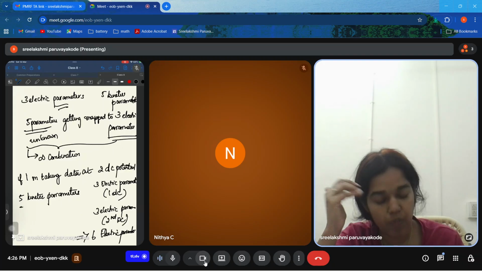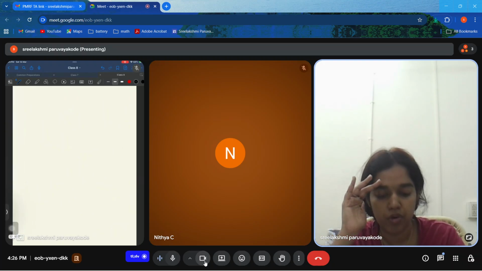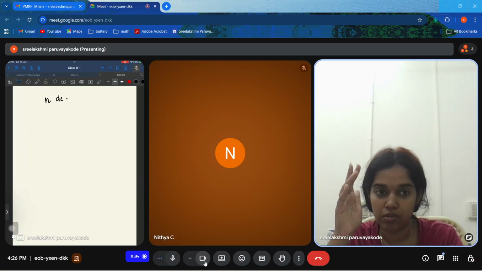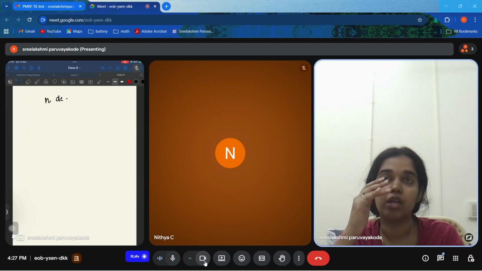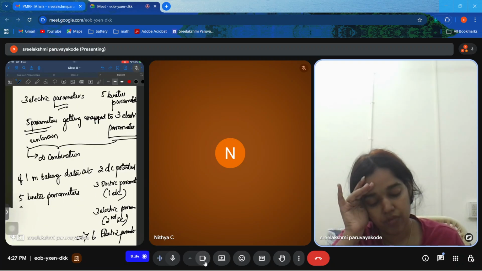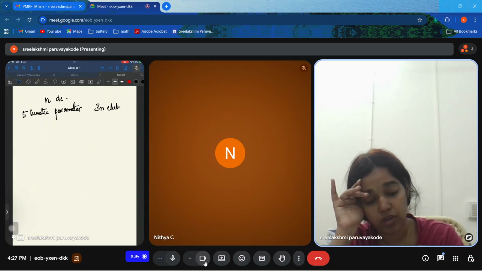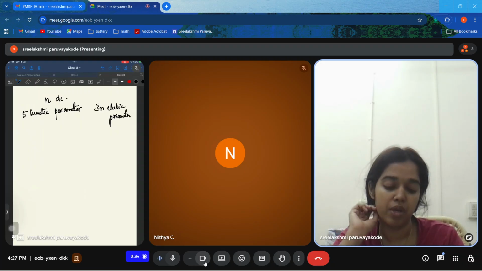So that means for n number of DC potentials, you will still have 5 kinetic parameters, and you will have 3 electric parameters for each one. So your kinetic parameters should be less than the electric parameters.